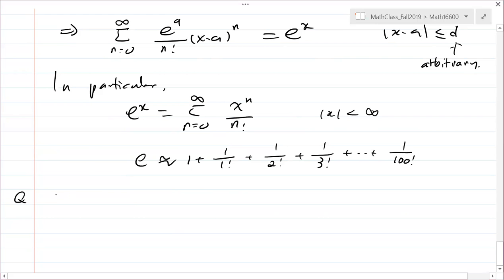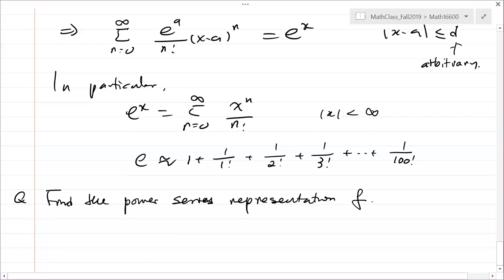So here's a question. Find the power series representation, because if it exists, it's unique, for the function f of x equal to, for example, x squared.